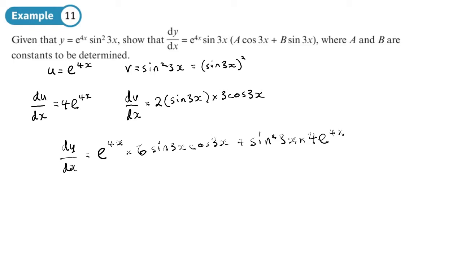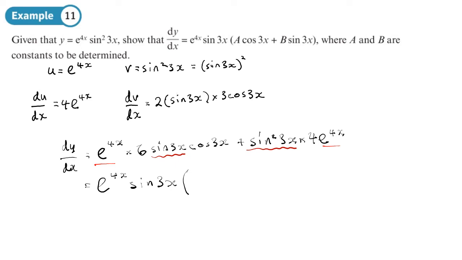Now they want it in a particular format. Now I can see that e to the 4x and sine 3x are common factors there and there, and I've got sine 3x squared. So let's take the e to the 4x out, that's a common factor, and we'll take the sine 3x out as a common factor.